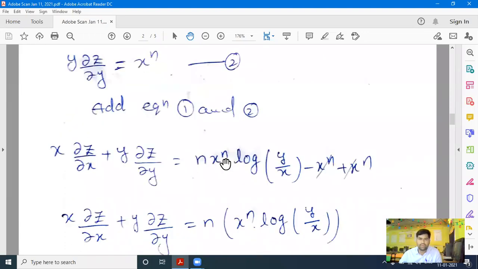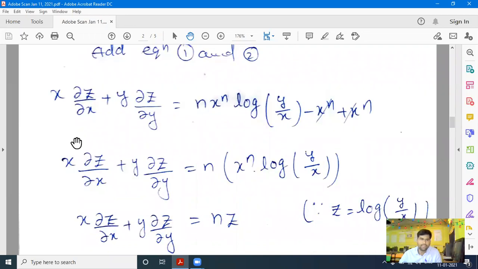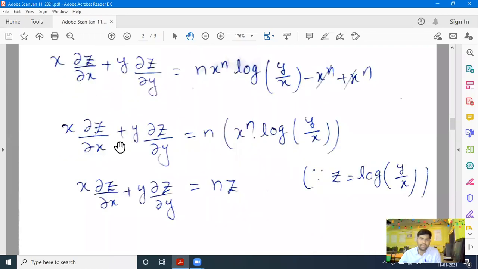So n into x to the power of n log of y by x, minus x to the power of n, plus this one, x to the power of n. So minus x to the power of n plus x to the power of n will get cancelled. So x into ∂z/∂x plus y into ∂z/∂y is equal to n into x to the power of n log of y by x.